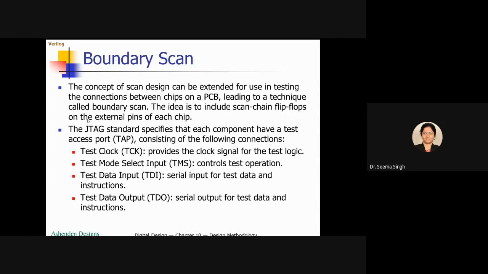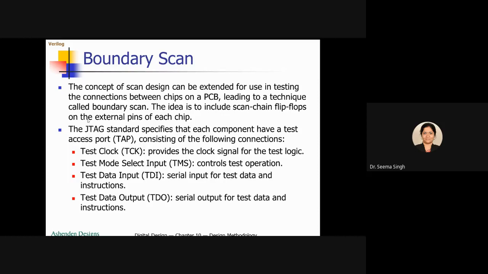Test data means the patterns that are generated. So the test data input allows you to input the test pattern through TDI. Along with the test pattern, you will also enter the instructions. In the same way, TDO will have the serial output for the test data and instruction. So whatever data is inputted and outputted, with that we will understand whether my chip interface connections are working fine or not.